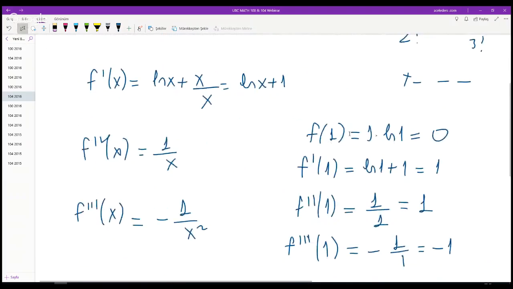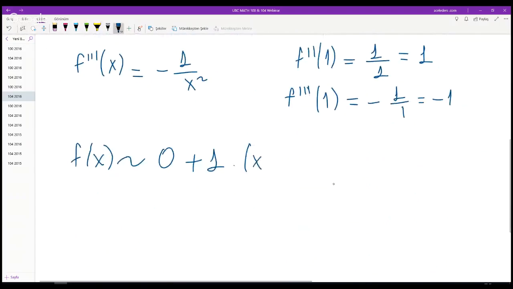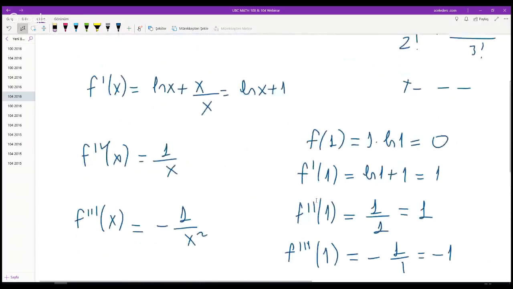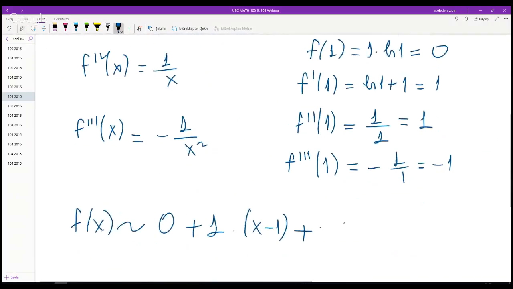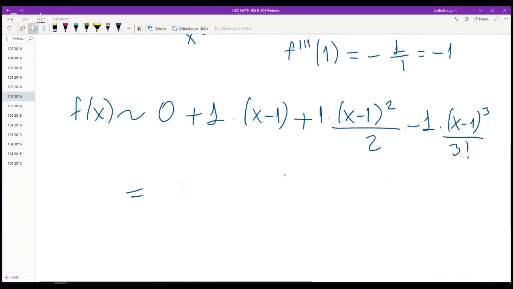First, f(a), so f(1), which is 0, plus f prime 1, which is 1, times (x minus 1) plus the second derivative of f at 1, which is 1, times (x minus 1) squared over 2, and the third derivative at 1, which is minus 1, times (x minus 1) to the power 3 over 3 factorial, which makes (x minus 1) plus (x minus 1) squared over 2 minus (x minus 1) cubed over 6.